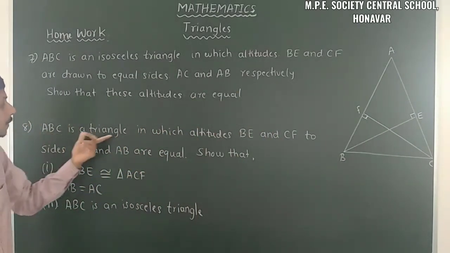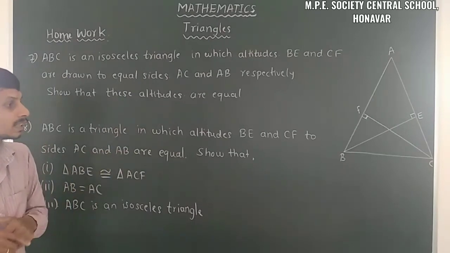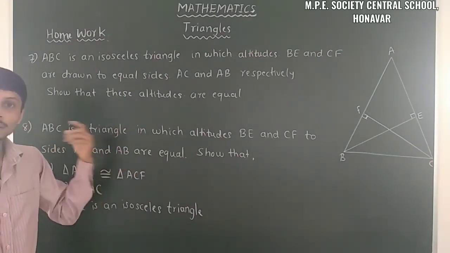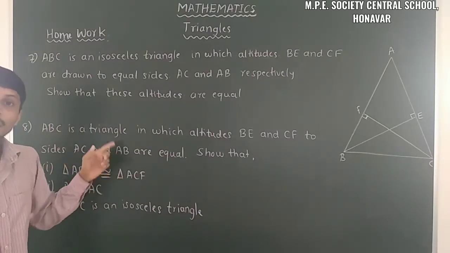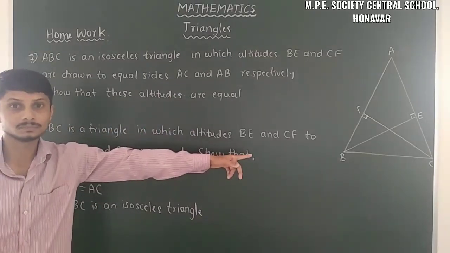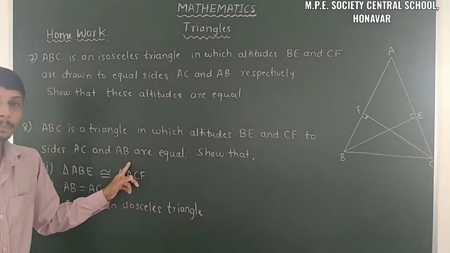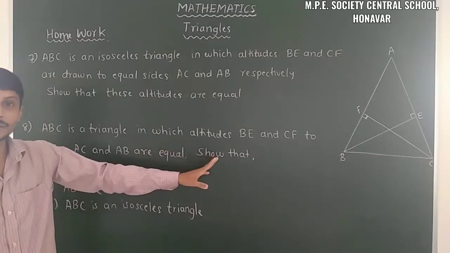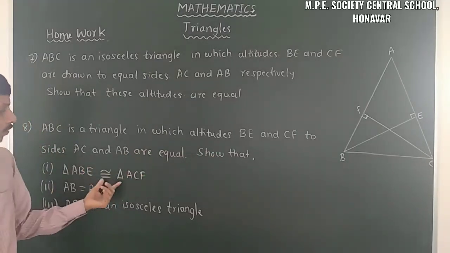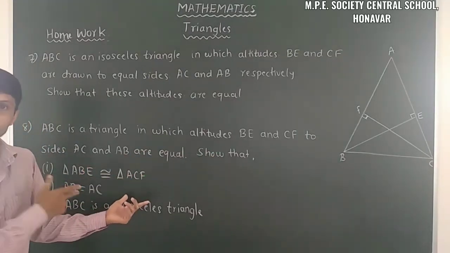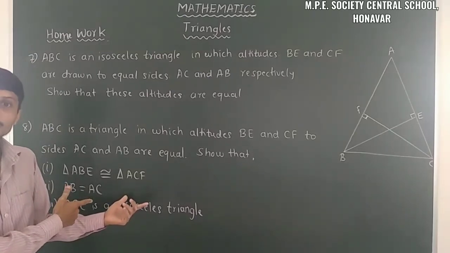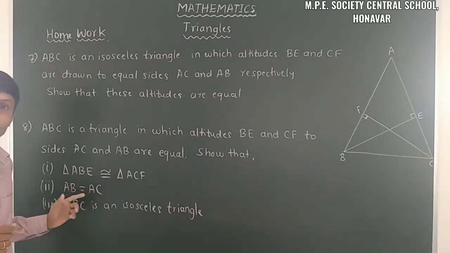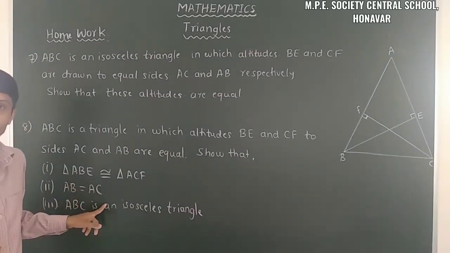Now just observe the second problem. ABC is a triangle in which altitudes BE and CF are equal. That means here the altitudes are given equal, but we don't know whether it is an isosceles triangle or not. So we have to prove that. Triangle ABE is congruent to triangle ACF. It is a hint that you have to take those two triangles, and after that you have to find AB is equal to AC.